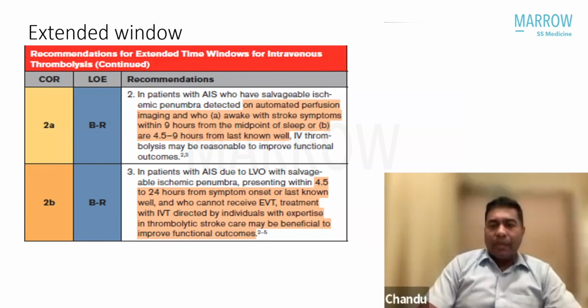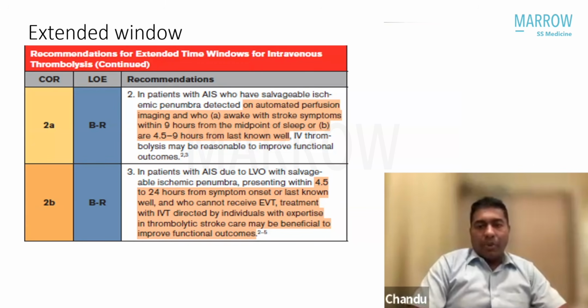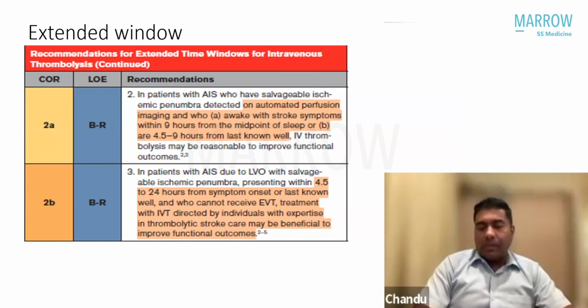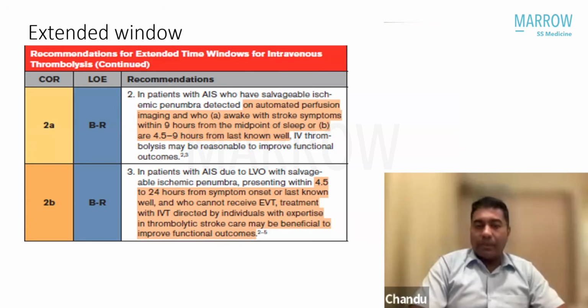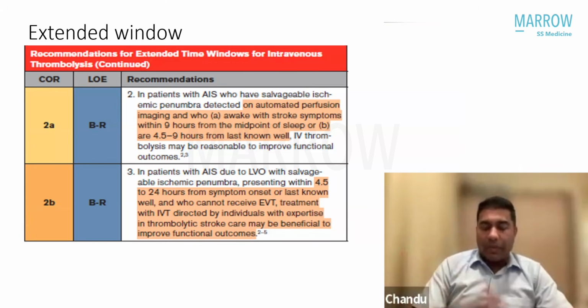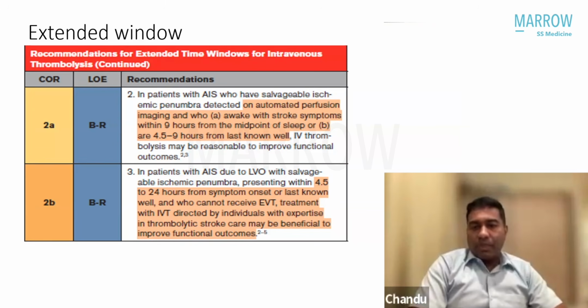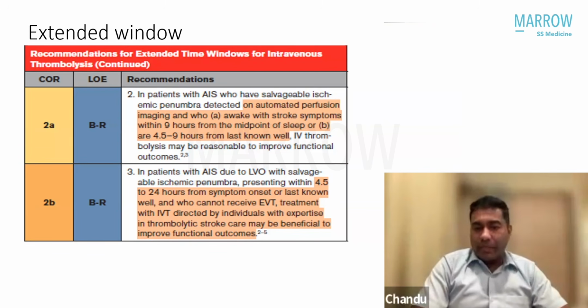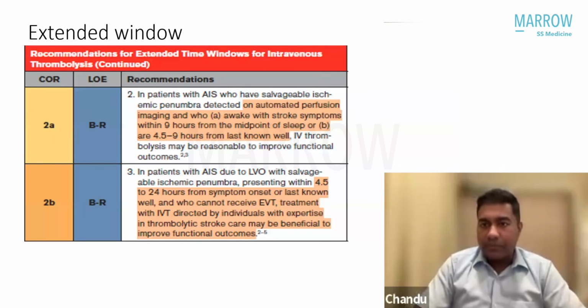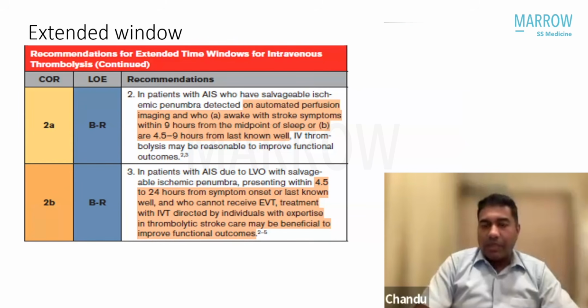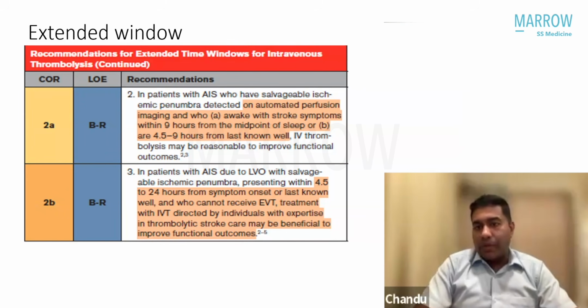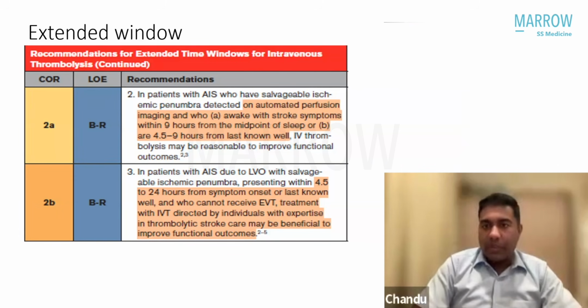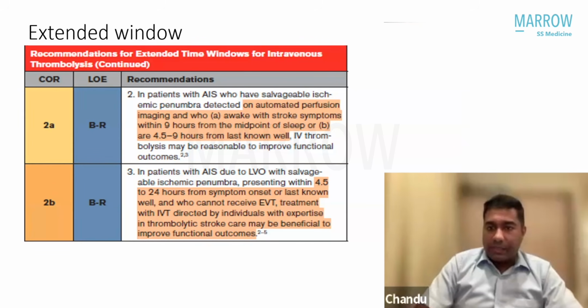And for a patient having a large vessel occlusion, within 24 hours, extended from 4.5 to 24 hours, where the patient cannot be taken for EVT, CT perfusion sometimes comes into play, because if there is salvageable tissue, we can go for lysis. If the patient has a large vessel occlusion, is not able to go for endovascular therapy and CT perfusion shows salvageable tissue, I think it is better that we go for lysis.